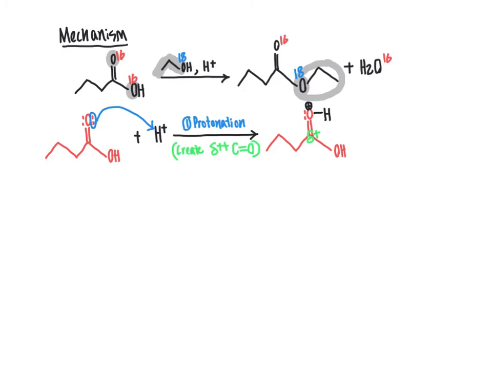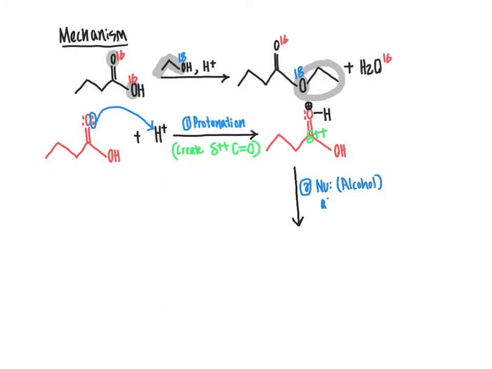Now, with that positive polarization in mind, what's going to happen now is that a nucleophile will come in and attack that carbonyl carbon. And the nucleophile that we have available here in our reactant is going to be our alcohol.